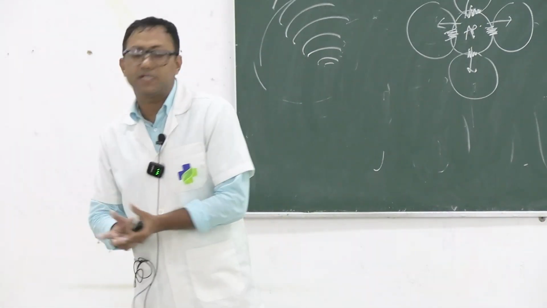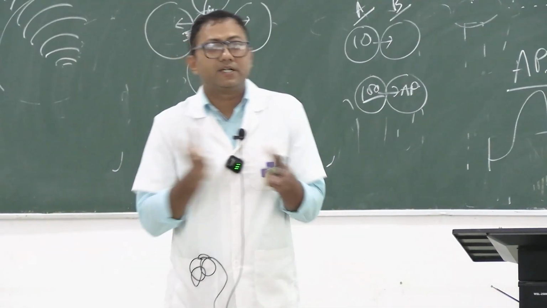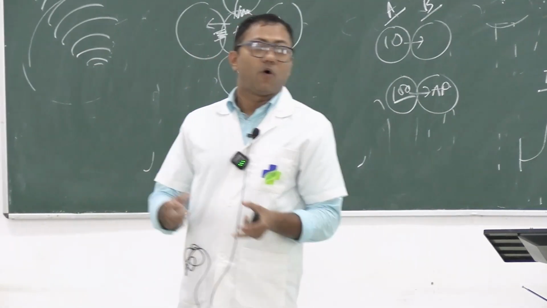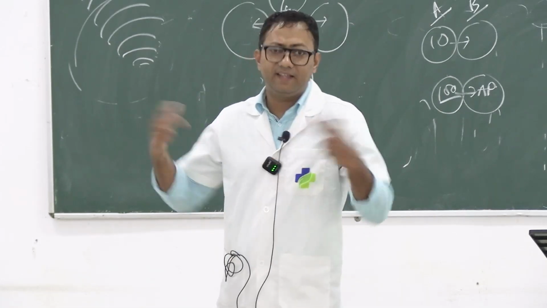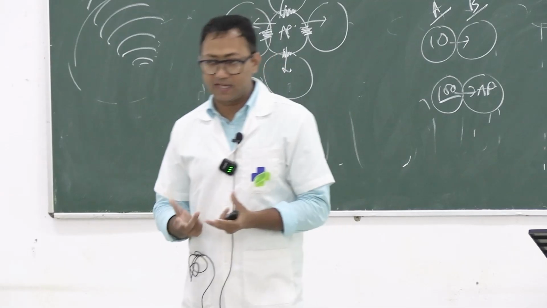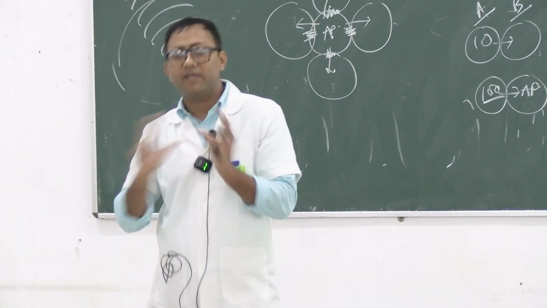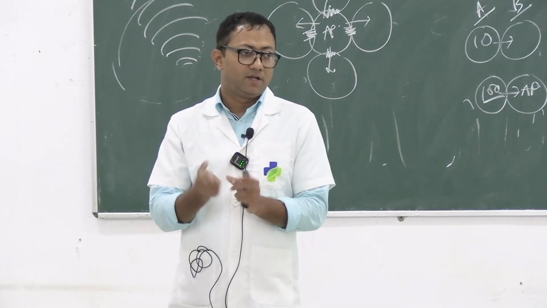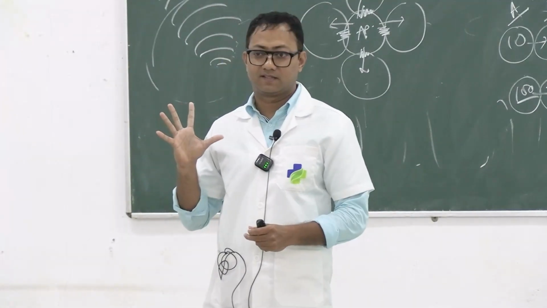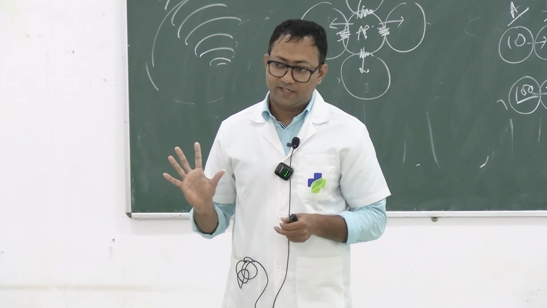And the number of gap junctions will determine how efficiently a cell can transmit the action potential from one cell to another, right? The good thing in cardiac muscle is that all the muscle cells have numerous gap junctions. This is why it is depolarized quickly. If you depolarize only a single cell in the heart, all the cardiac muscle cells are depolarized very quickly, right? And it contracts. When there is depolarization, contraction. When there is repolarization, relaxation. Okay? This is the very basic mechanism of systole and diastole, right?